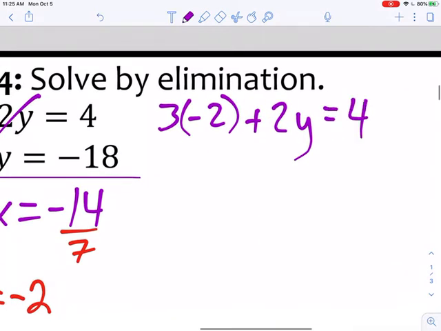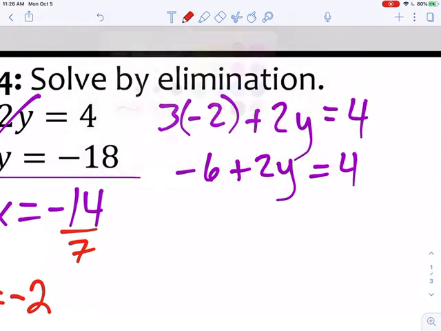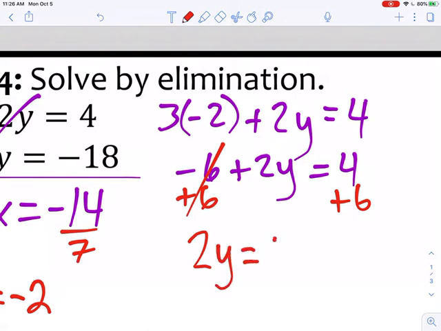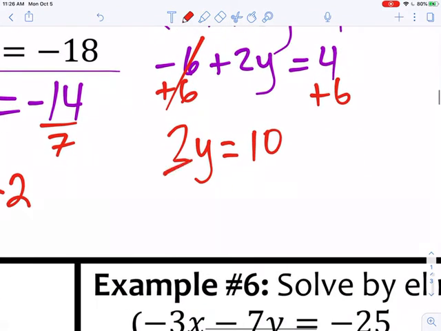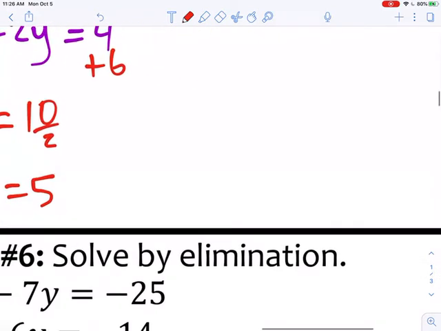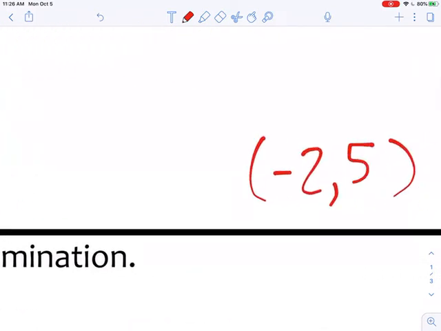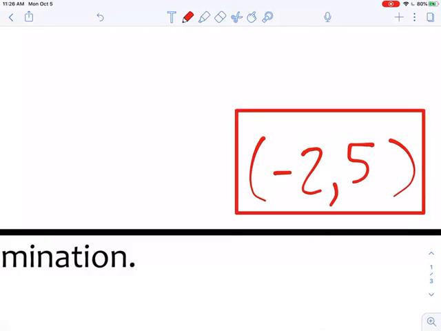So notice I used the original equation. And so now I have negative 6 plus 2y equals 4. And we've got a friendly two-step equation in front of us. Add 6 on both sides, 2y is equal to 10, and then divide. And y is 5. And so now we have our coordinate, negative 2, 5.